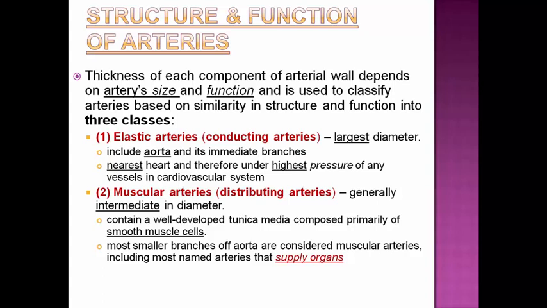So of course this would be like the splenic artery, the renal artery, the gastric artery, and the hepatic artery. These are all going into the spleen, the kidneys, the intestines, and the liver respectively.